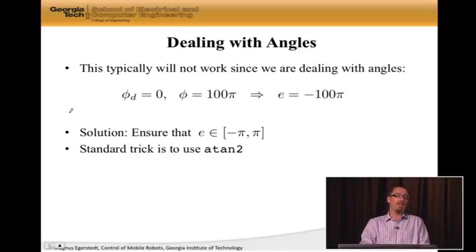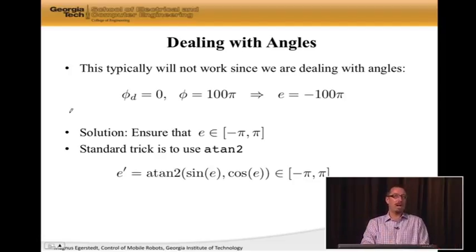We can use a function, arctangent 2. In any language, there is a library function, and it operates in the same way. It's a way of producing angles between minus pi and pi. C++ has it, Java has it, MATLAB has it, Python has it. So you can always do this. And how do you do that? Well, you take the angle that's now 1,000,000 pi, and you take sine of it, comma, cosine of it.